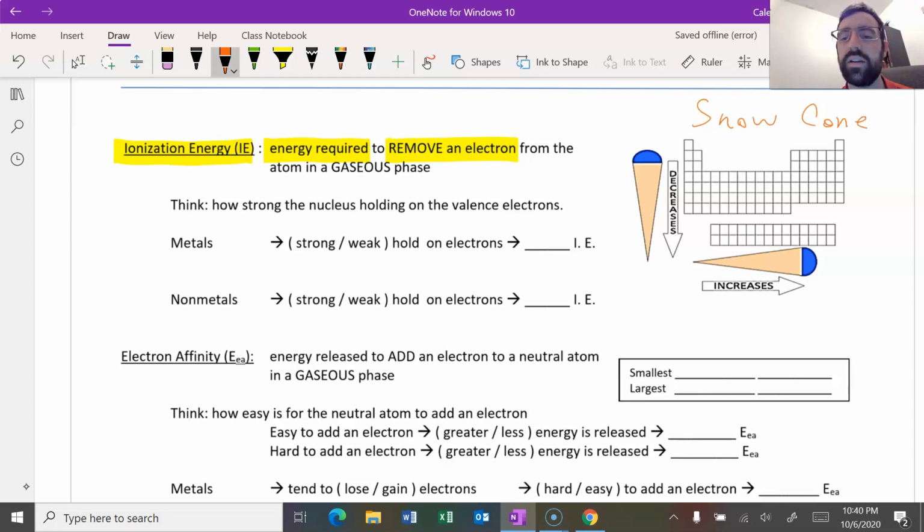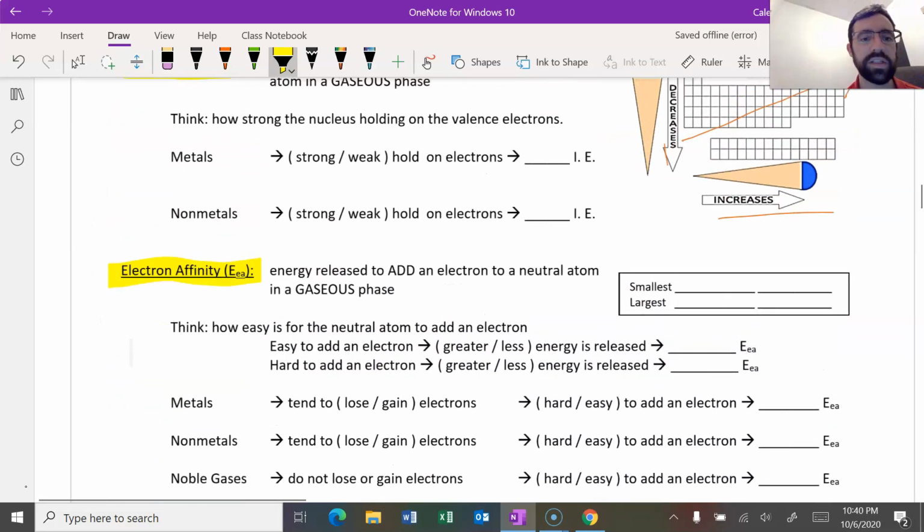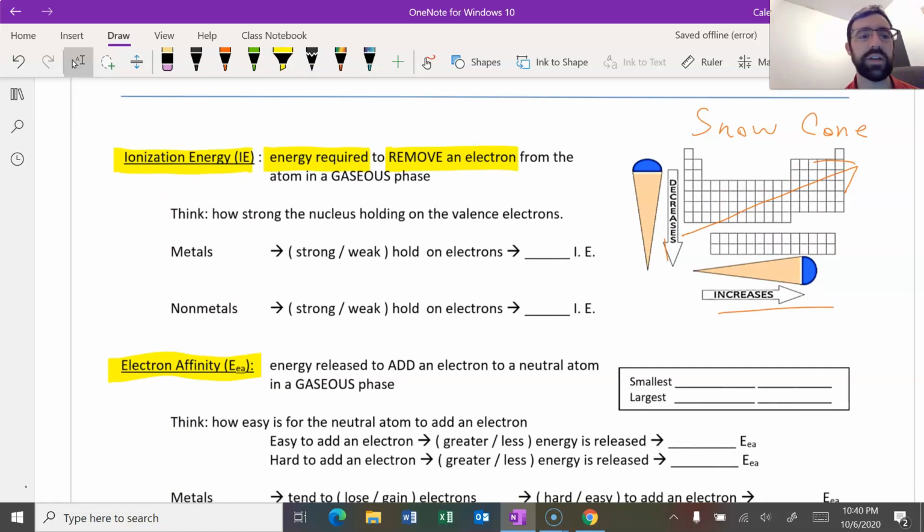That's the opposite of a snowman trend because it decreases going down and it increases going across, or we could look at our arrow, it goes like that. Okay, this, by the way, is the same trend for ionization energy, electron affinity, and electronegativity, with some small differences and definitely different definitions. So we'll go through each one.